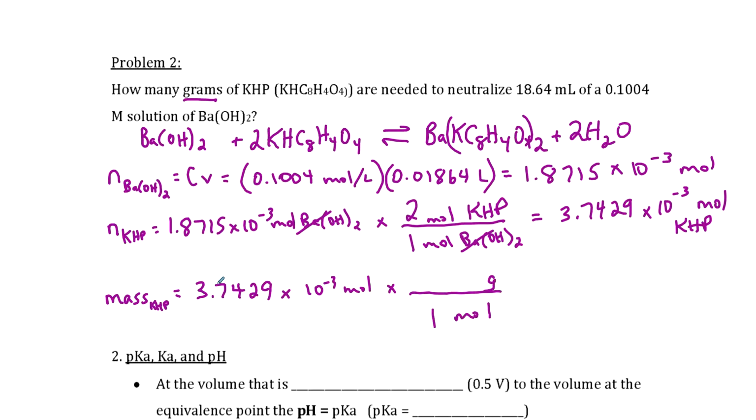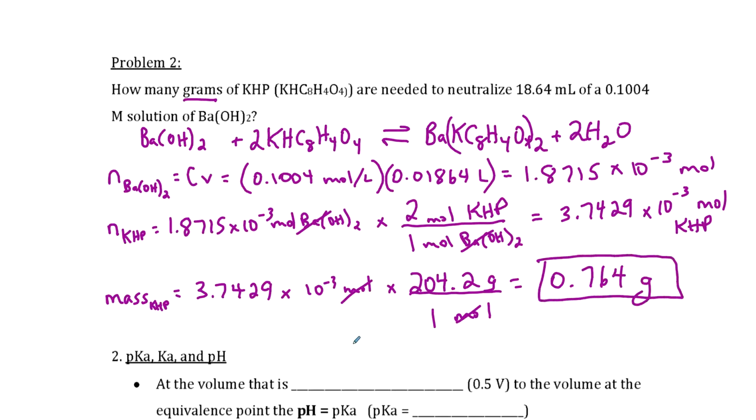Well, we actually figured out the molar mass of KHP in the last question. It was 204.2. So that works out to 0.764 grams. Or we'd probably just round to 0.76 if you were to actually measure it on a scale.